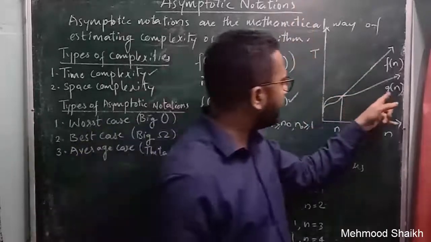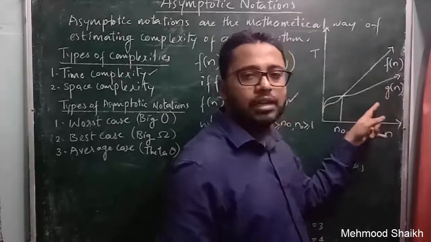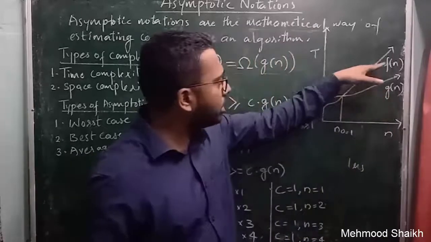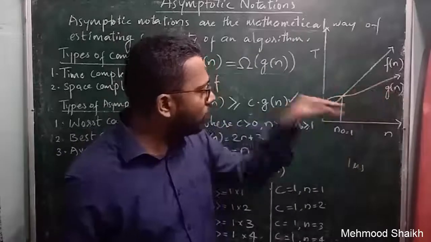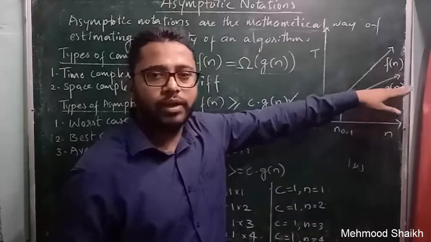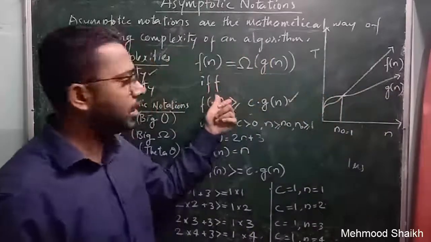Here you can see in this graph that g of n is a lower bound. Below this lower bound your function f of n will never come. This function f of n will always be above this lower bound, which is g of n. That's what we are trying to prove with this mathematical expression.